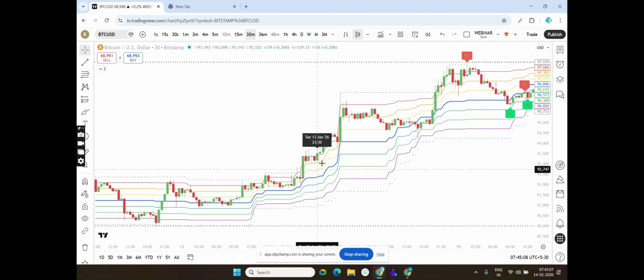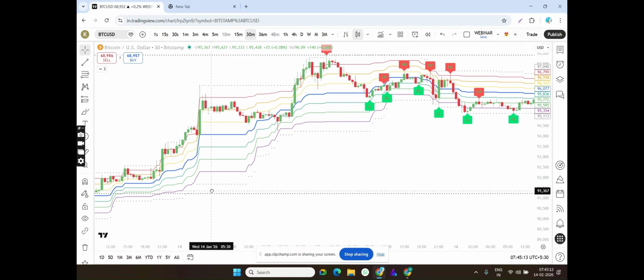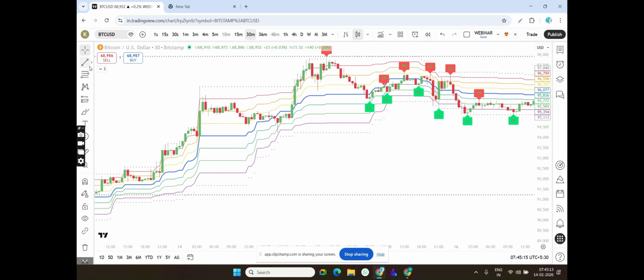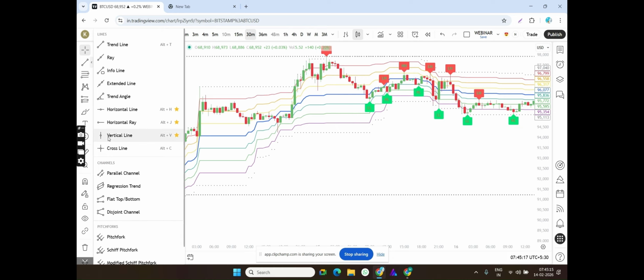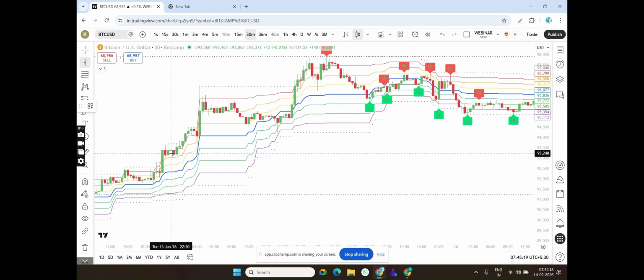So you can see here on the 14th, we will define the boundaries of the 14th. This is the start of the 14th, this is the first bar, and the day will end somewhere, let us define.